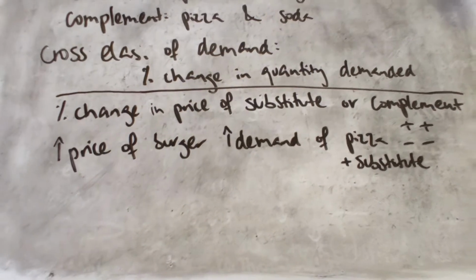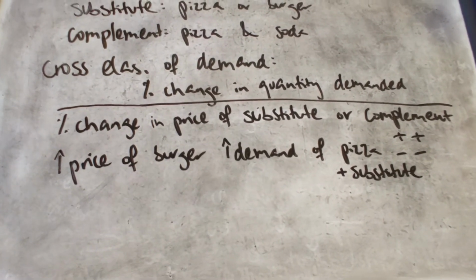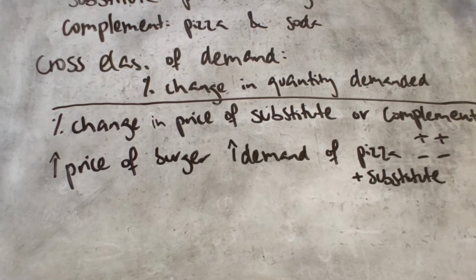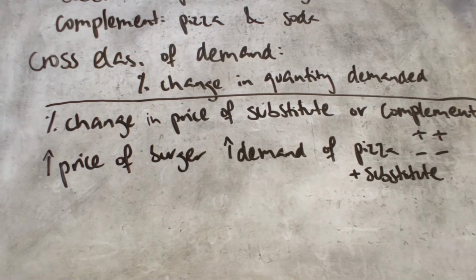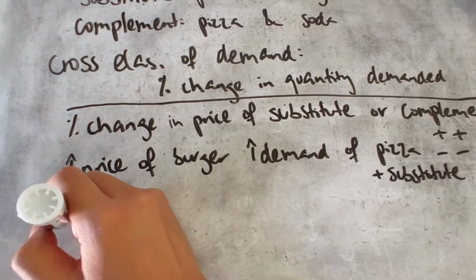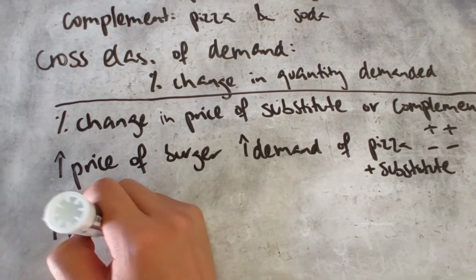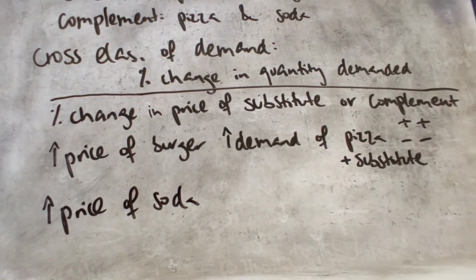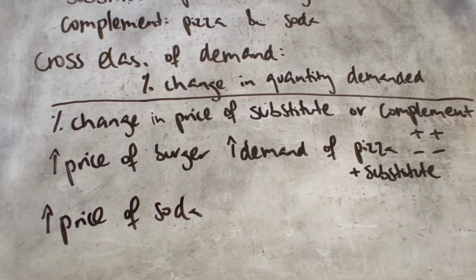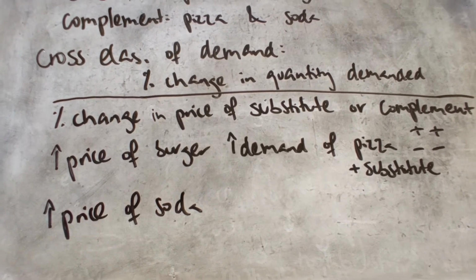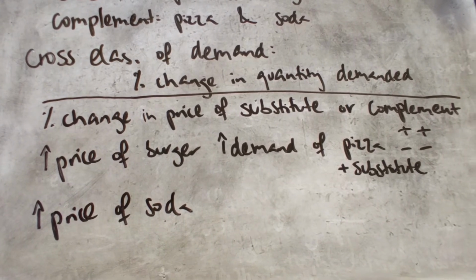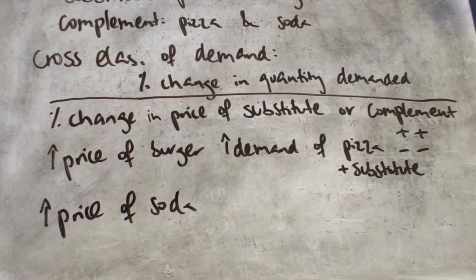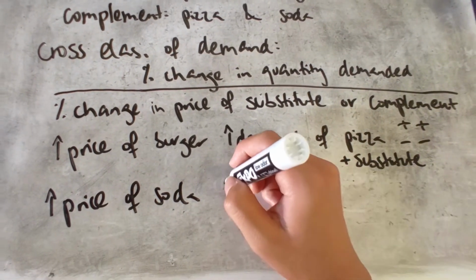Now let's take a look at a complement. So this example has complements that are given, but we can have an example where we prove that this is a complement or a substitute. So in this case, when the price of soda increases, then people aren't really going to buy soda anymore, because according to the law of demand, if the price of soda increases, then the demand of soda decreases. And because people usually buy pizza with soda, if people stop buying soda, the demand of pizza will be negatively affected as well.